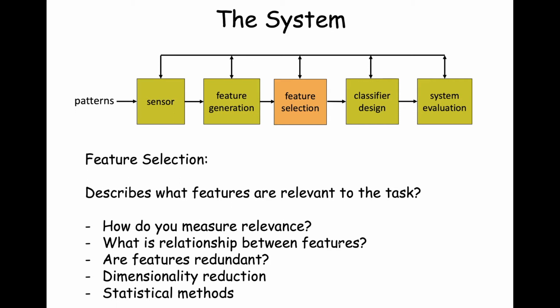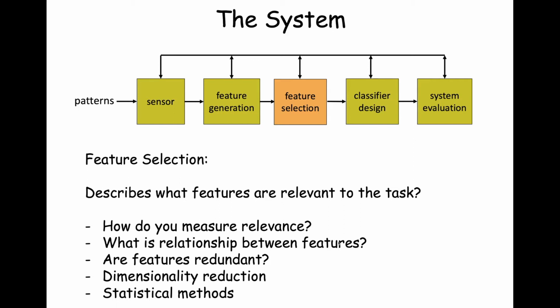The way in which you pick some of them can vary between two approaches. It could be a subset selection. So say you have 10 features, and feature selection picks the best 3 features to represent your data out of those 10 features. Or it could be some function over the features coming out of feature generation.